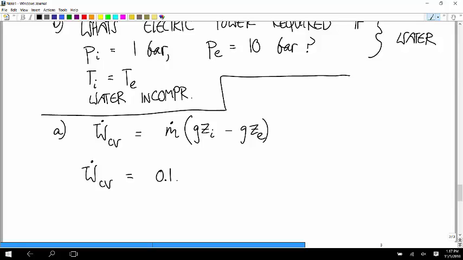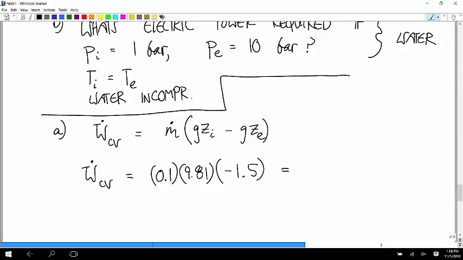So W dot for the control volume is equal to 0.1. That's something like right around half a cup a second. Times 9.81, so 0.1, pull the G's out, 9.81, and then times the difference. So this is going to be 0 minus 1.5, so negative 1.5. And what do you get?